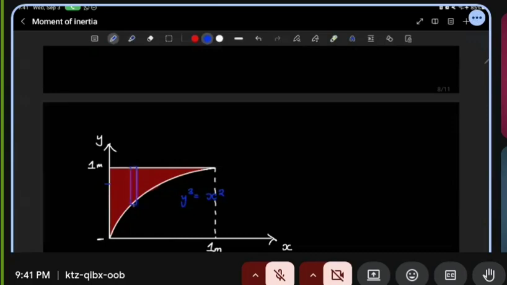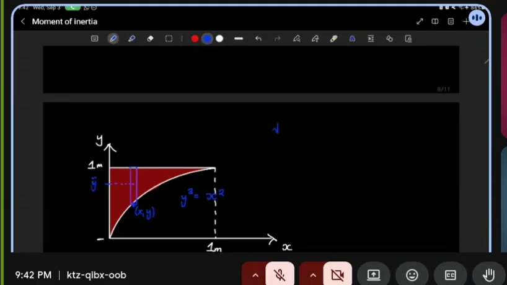And we said we pick a point somewhere there, x comma y. The centroidal axis for the differential section will be here. This is where our y tilde is.